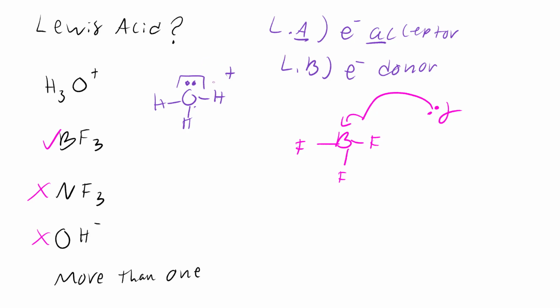Notice something. With the exception of hydroxide, there are no H's here, right? And also, hydronium cannot be a base because I've never seen an H4O, right? Have you seen an H4O? I haven't. The max that you can ever have is hydronium.